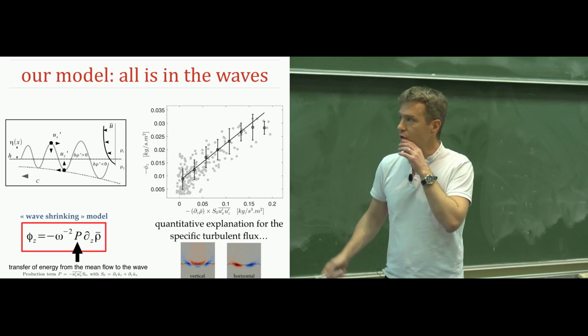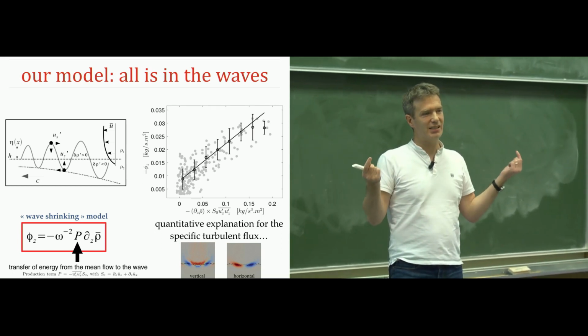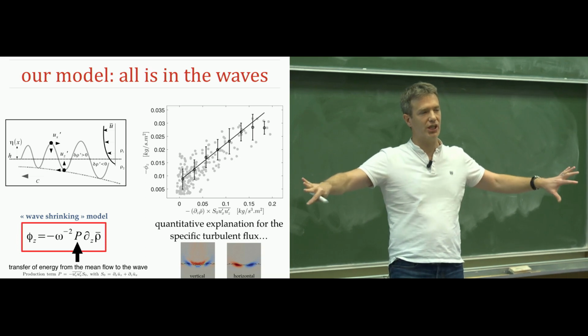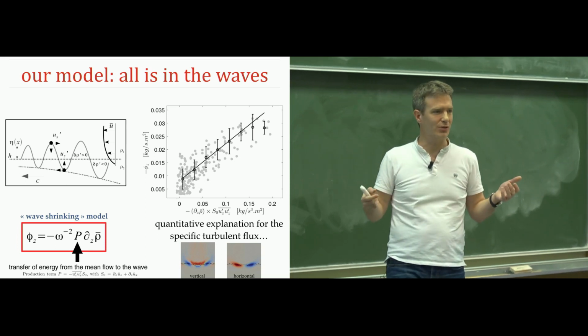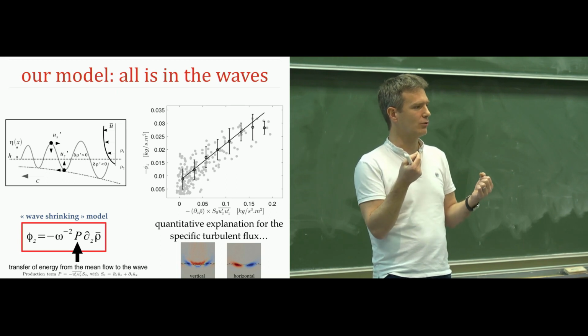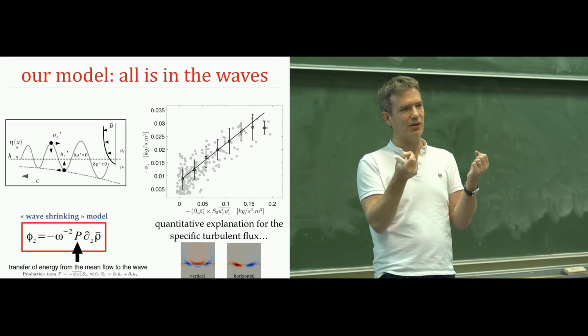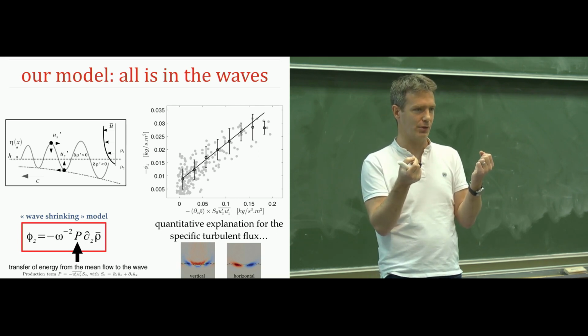Okay, and what was very specific about those measurements is that we measured some negative flux on the side of the jet, which seems strange because it's like having a negative diffusion coefficient. If you wanted to model it by a turbulent diffusion, it means that you would need to take a negative turbulent diffusion.